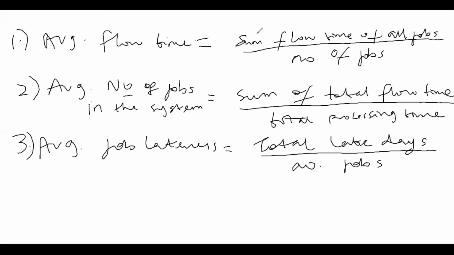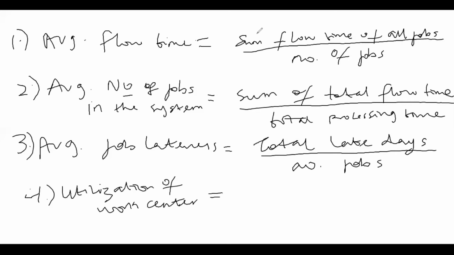Moving on, let's talk about number 4, the next formula, which is utilization of work center. Utilization of work center equals total processing time divided by sum of total flow time.